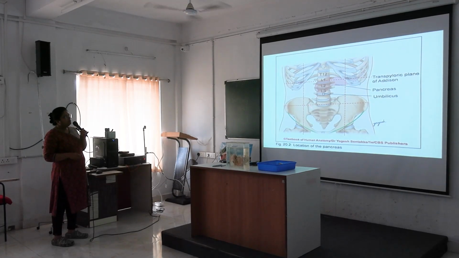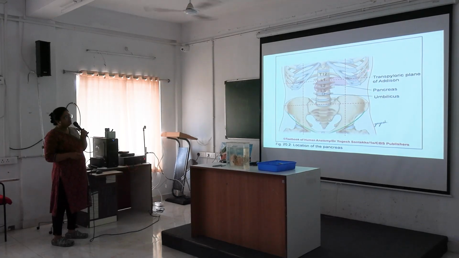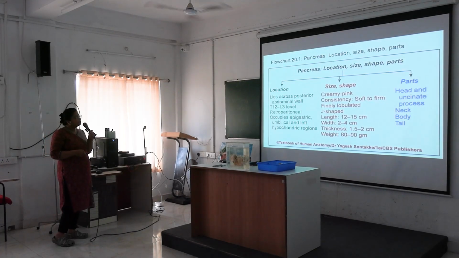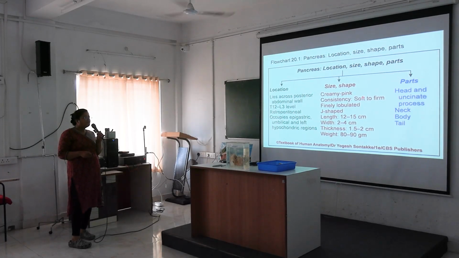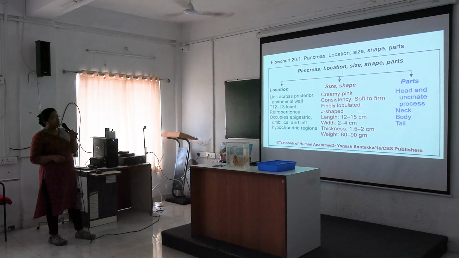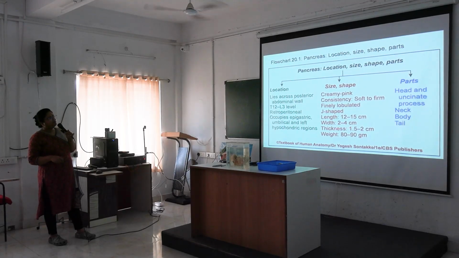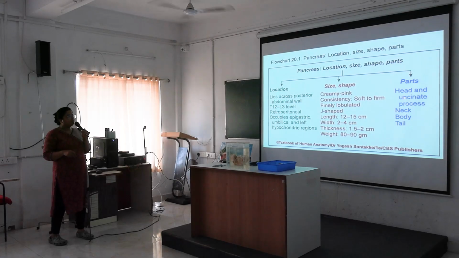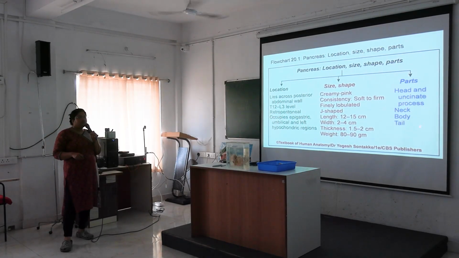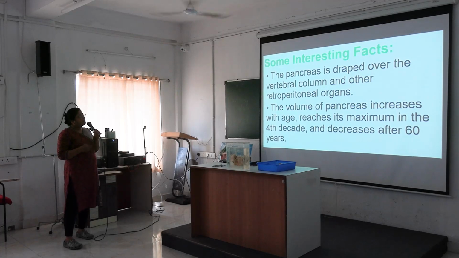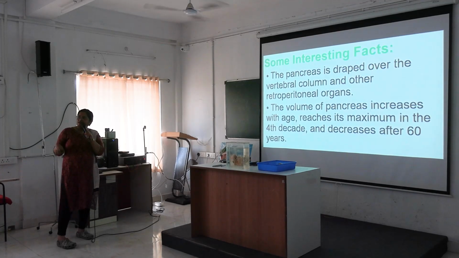These are the location of pancreas. The size and shape, it is creamy pink, consistency soft to firm, finely lobulated, J-shaped, length 12 to 15 cm, width 3 to 4 cm, thickness 1.5 to 2 cm, weight is 80 to 90 gram. Parts are head and uncinate process, neck, body, tail. Okay. Presenting parts you have to show in the viscera.